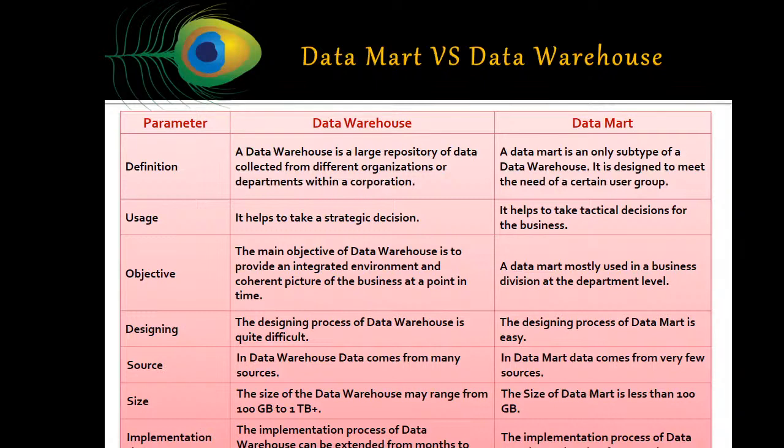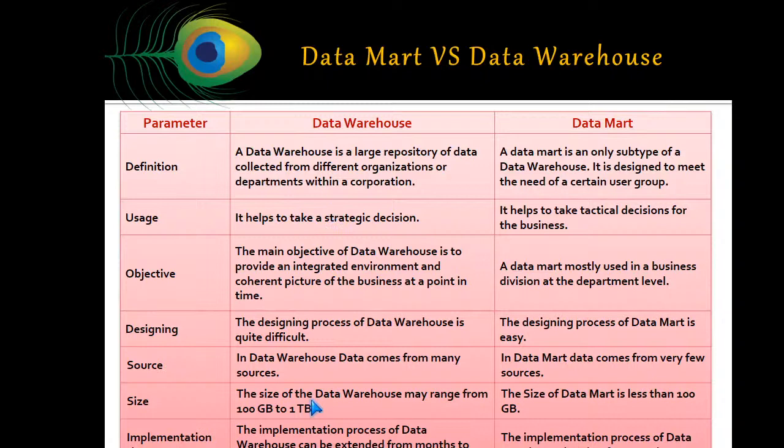That tactic might work based on the current situation. So you understand, tactical decision is something which is ongoing. You are already in the mess, and you are trying to solve that mess by using some alteration with the existing data. That is called a tactical decision. I hope you understood this point, because it has to be very clear why data warehouse is strategic and why data mart is tactical.